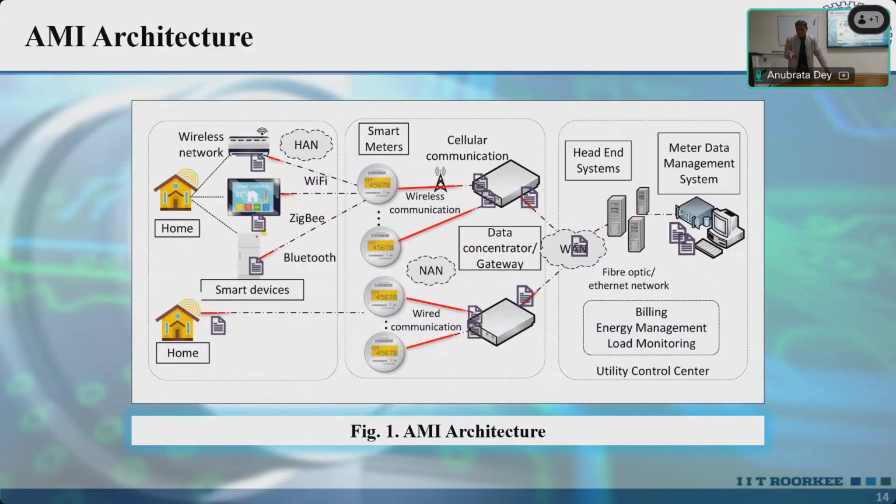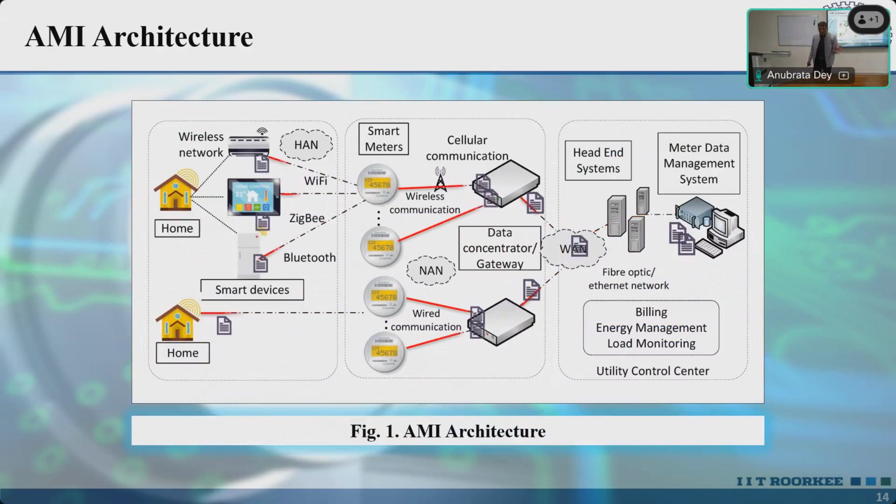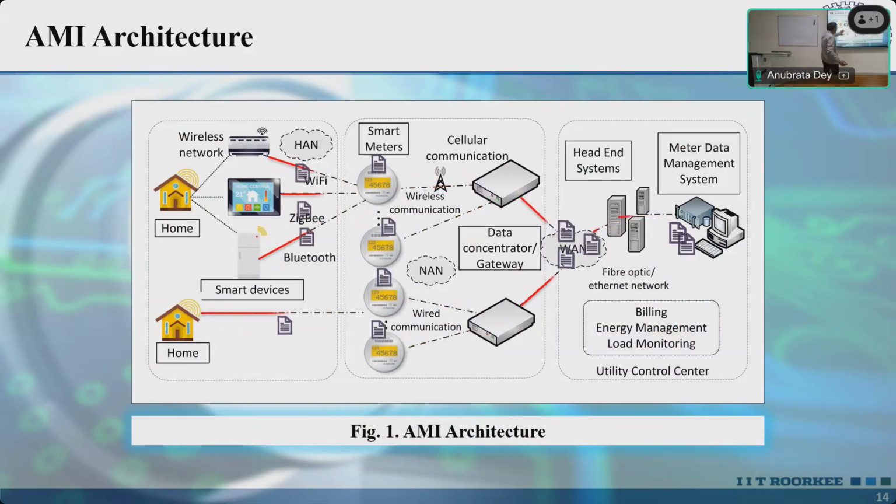I think there are 23 parameters. But I have just shown that this may be possible. Right now, what they are doing is your smart meter is only sending the data through HAN to the middle part.